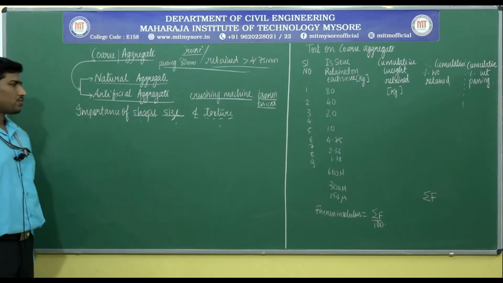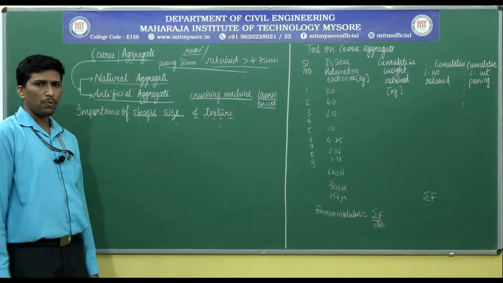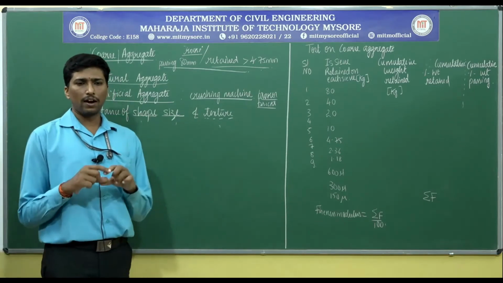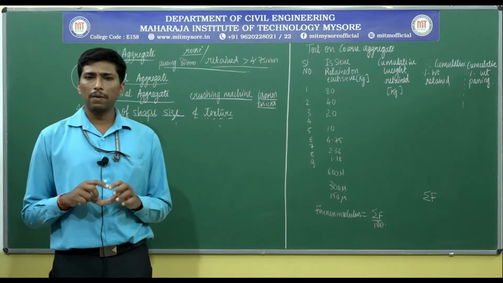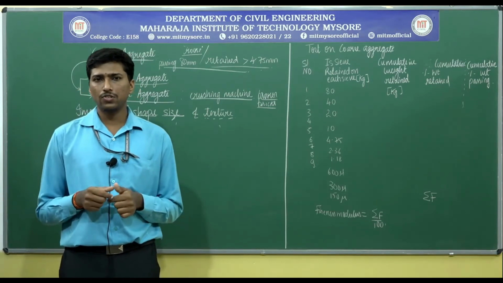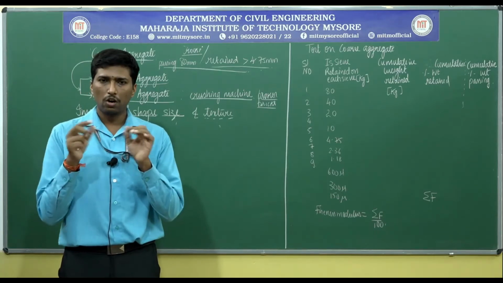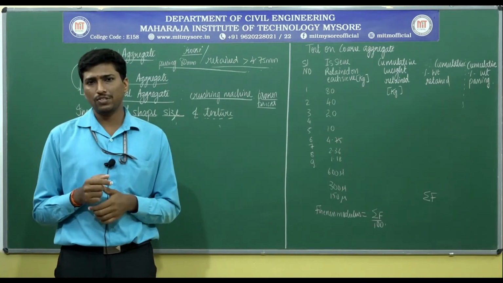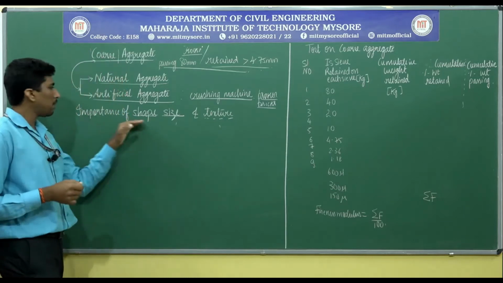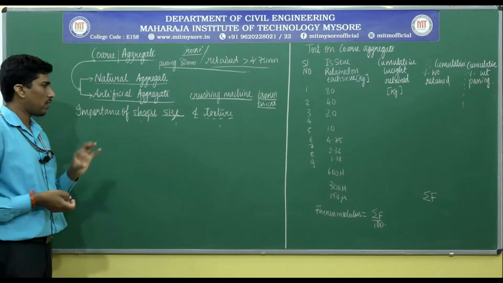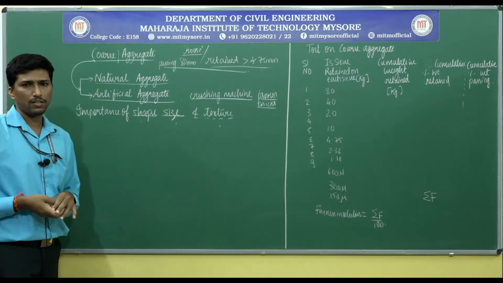Mainly the shape as well as the size also matters much. The shape of the aggregate may be rounded in nature, or angular, or irregular, longer in nature, or the thickness may be lesser. These are the critical parts of the shapes that we come across: rounded, angular, irregular, or something else.